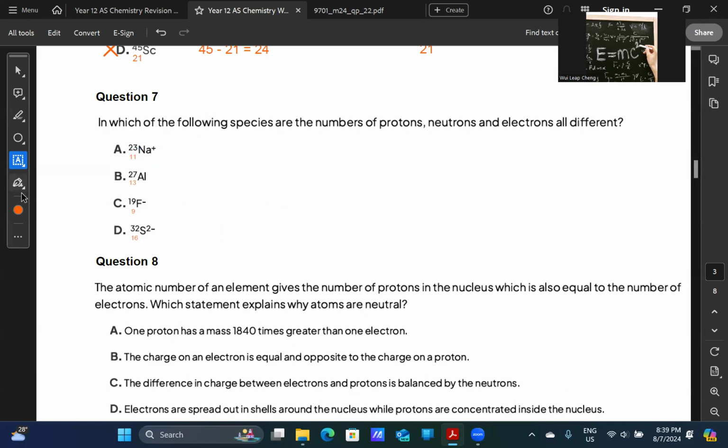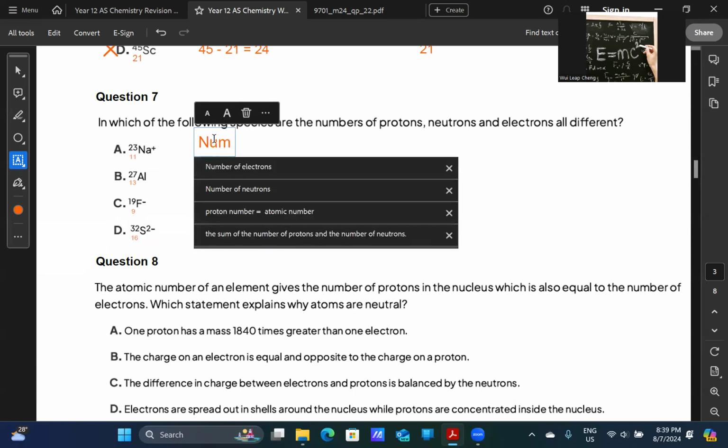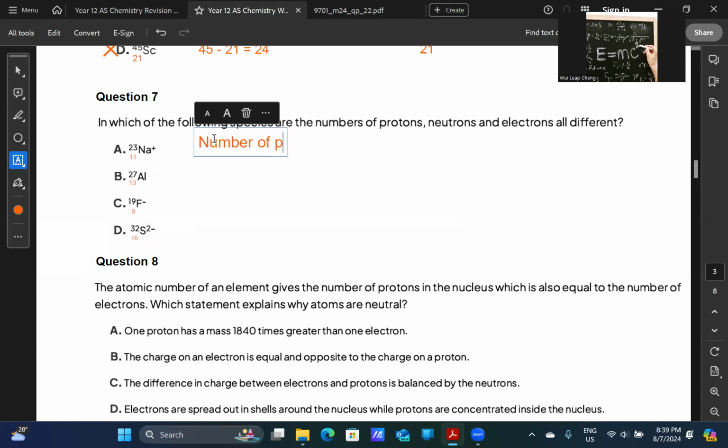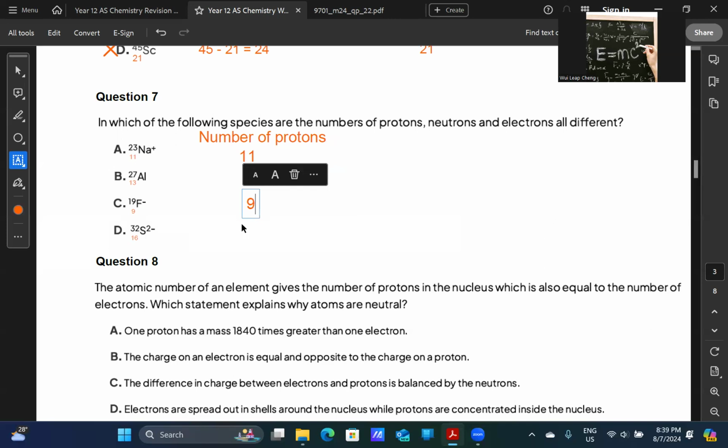Okay, now we will start with number of proton. Let us go through this faster. 11, 13, 9, 16.